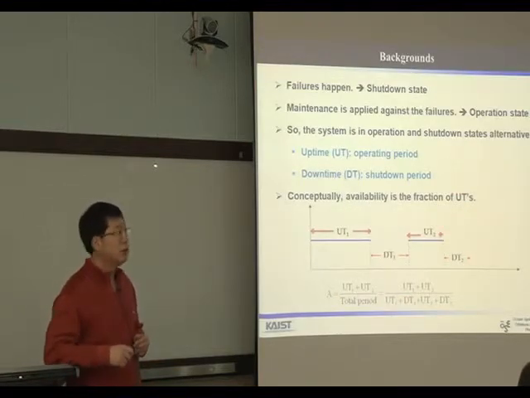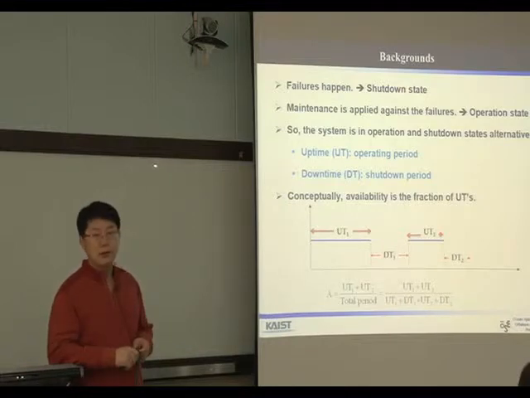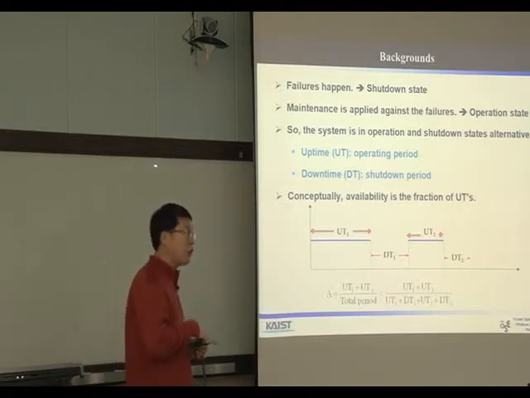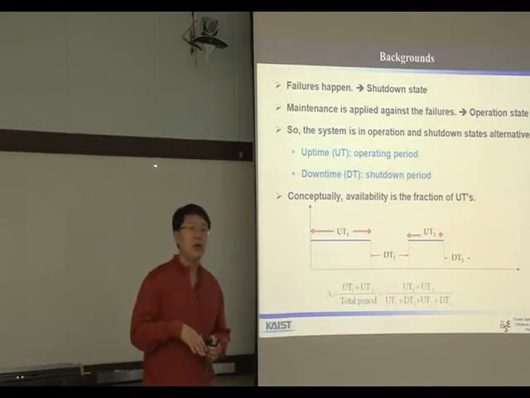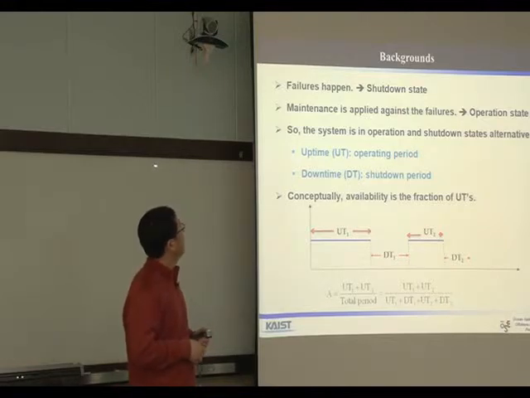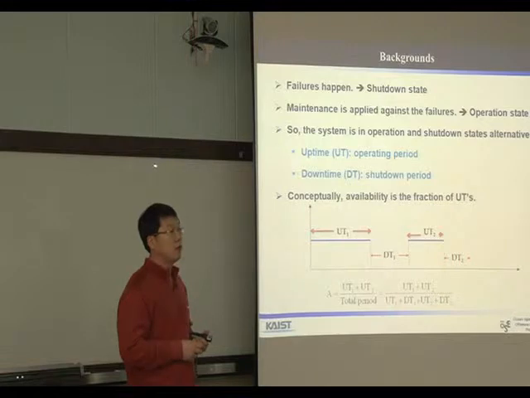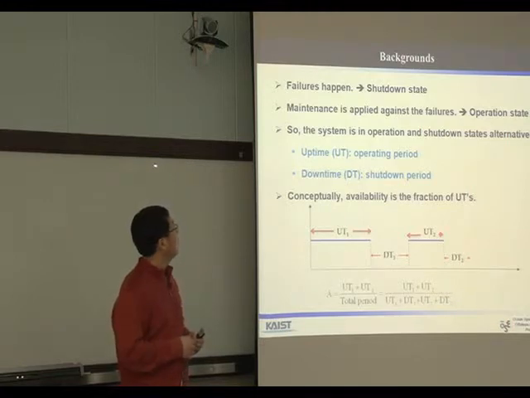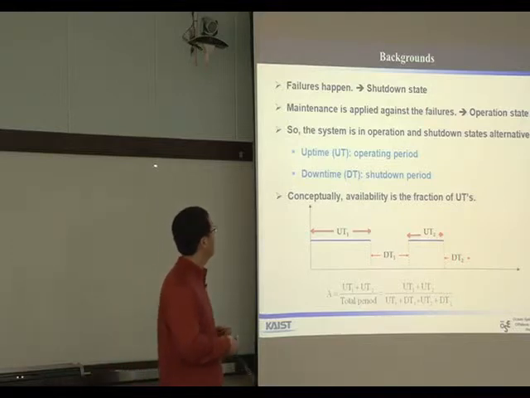This is the background. Failures happen, accidents happen. So if we have a failure, we should shut down the component. Maintenance is applied to fix the failure, and then operation is restarted. So the system is in operation and shutdown alternately.